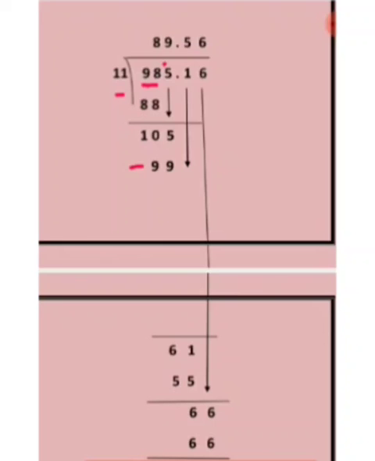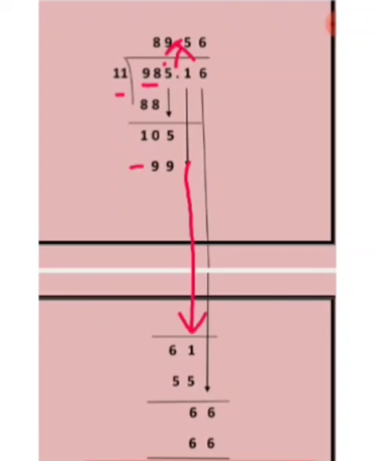Before coming 1 down, you can see after 5 there is decimal. So this decimal first we have to place on the quotient. As the decimal comes to the quotient after 9, then we can pull down that 1 here.